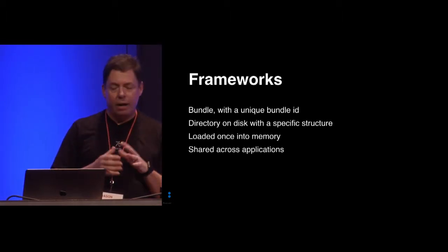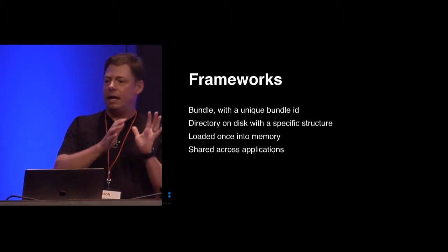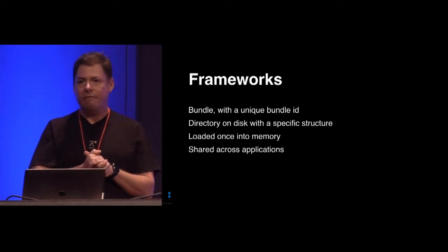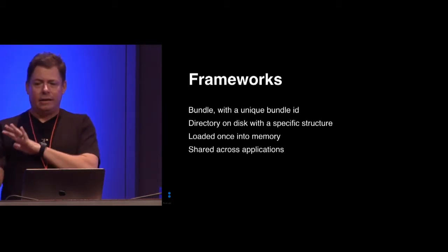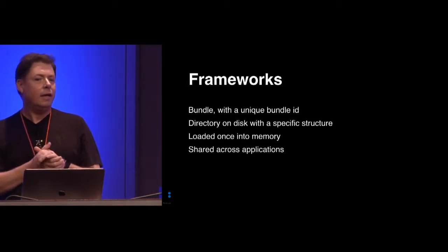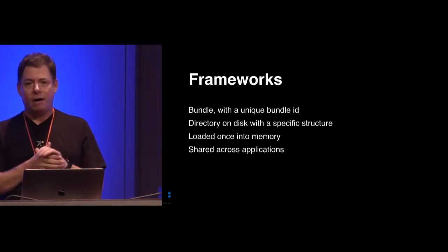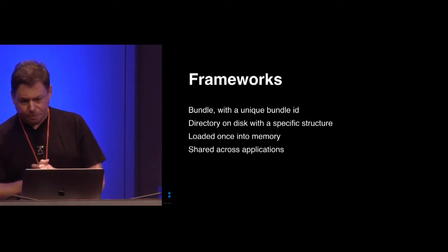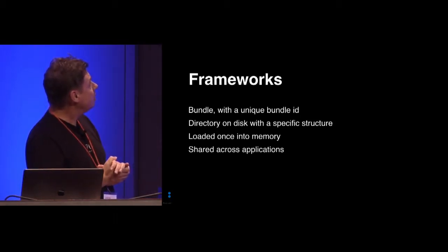When you create a framework, you get a unique bundle ID so that you can reference it and the assets inside of it. So where in your iOS app, you might say, give me an image from the main bundle, you wouldn't do that with the framework. You would say bundle with this identifier, and you would give it your bundle ID. They have some benefits in that they are loaded once into memory.